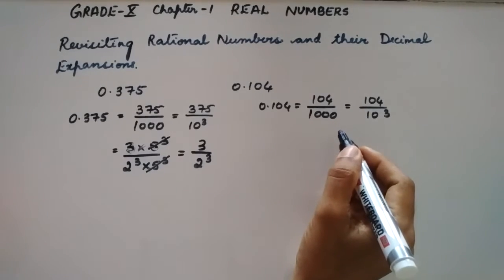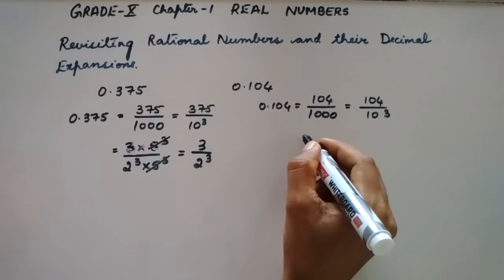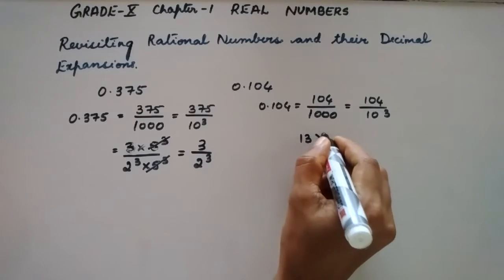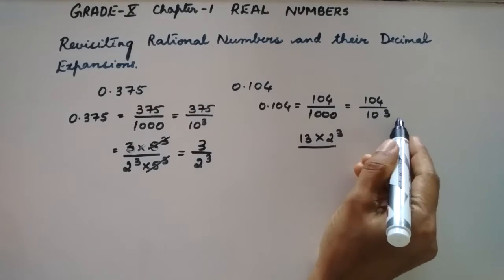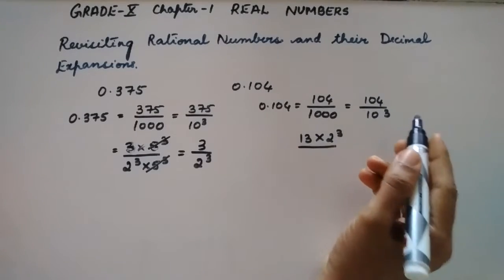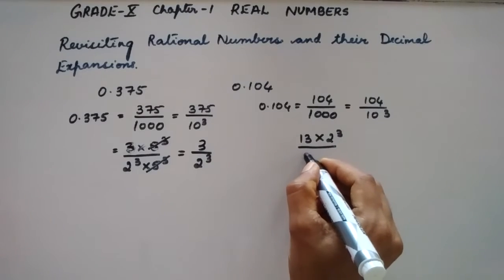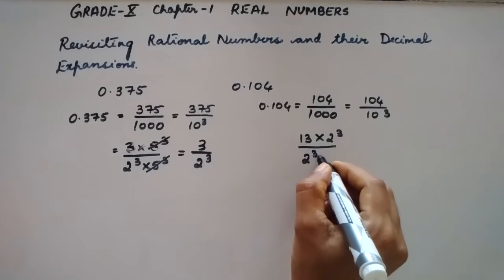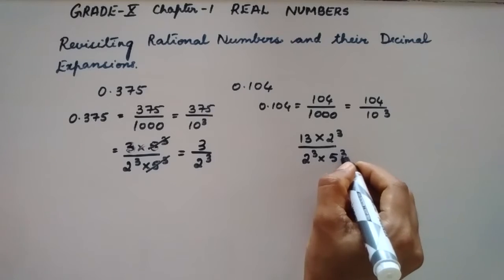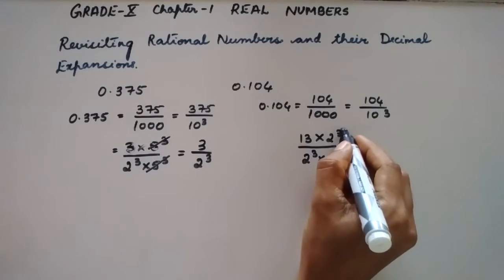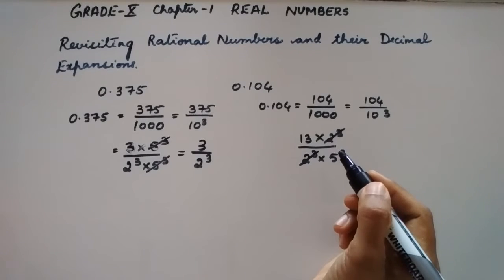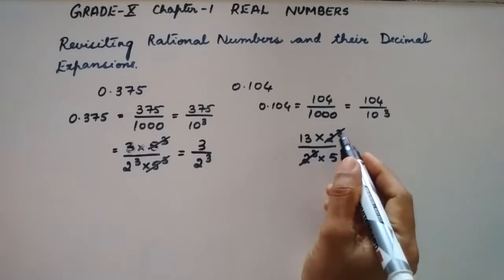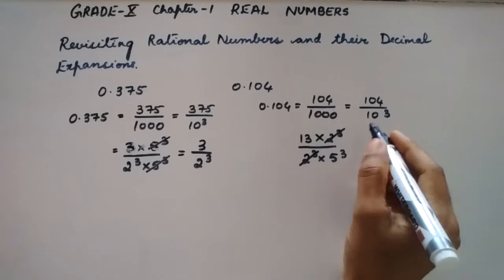Here we can write 104 as 13 into 2 to the power 3, by 10 to the power 3, which can be written in terms of powers of 2 and 5 as 2 to the power 3 into 5 to the power 3. Here 2 to the power 3 and 2 to the power 3 get cancelled. So the common factors get cancelled between the numerator and the denominator.